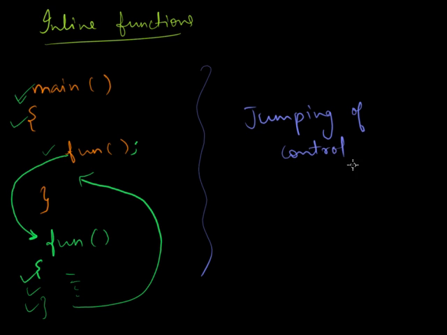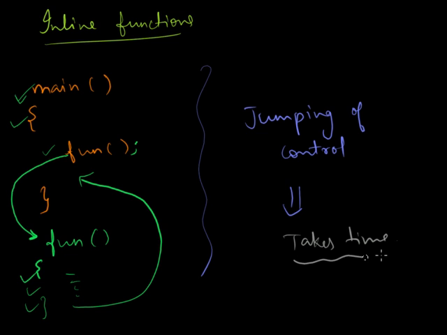Now jumping of control takes time, because you have to save a return address, you have to transfer your control to that function, then execute and then return to your calling function, your old function. So this takes time.